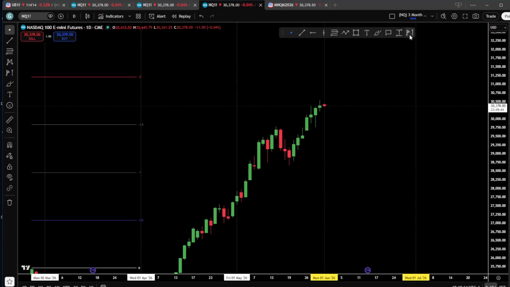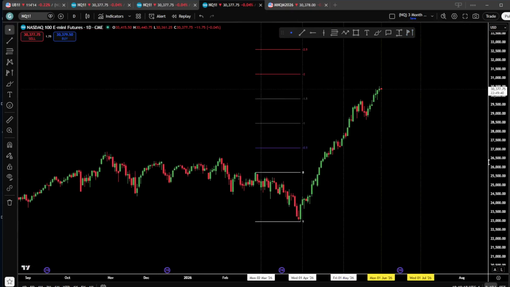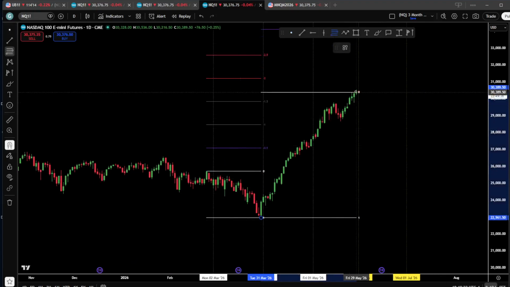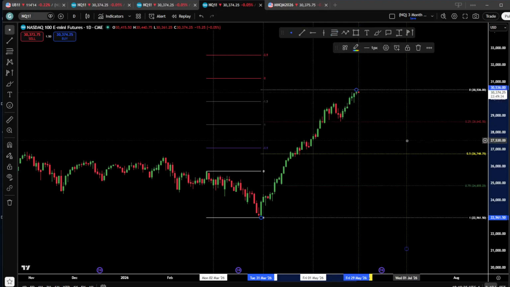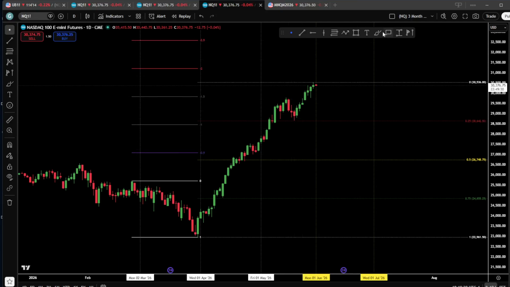Okay, so sorry, before getting into the previous month, what I wanted to do is simply grade the current higher time frame dealing range. And what we can see is that we have a swing low here, right? This is not the low of the month of May.